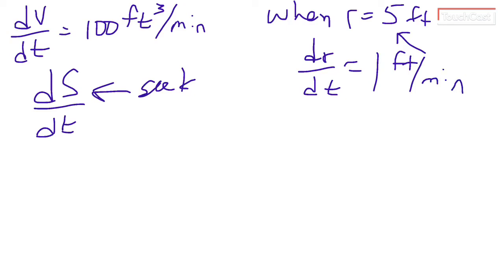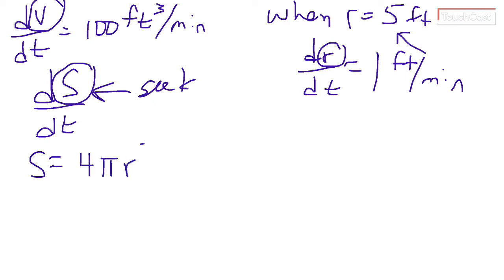So I'm going to need an expression that contains surface area and either V or r. I'm going to go back to my catalog of geometry formulas and remember that surface area for a sphere is 4 pi r squared.